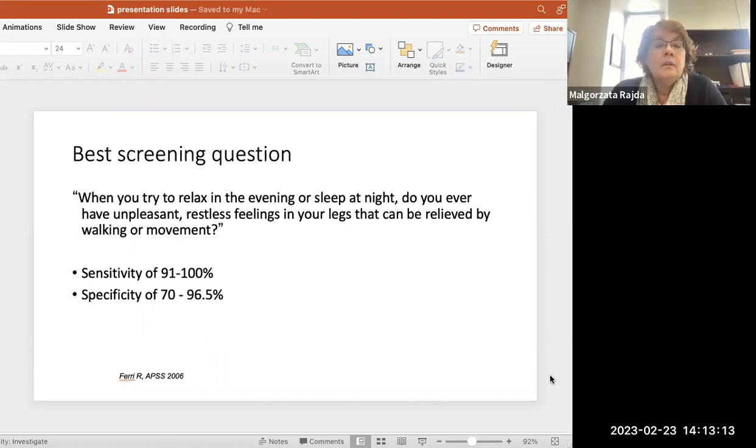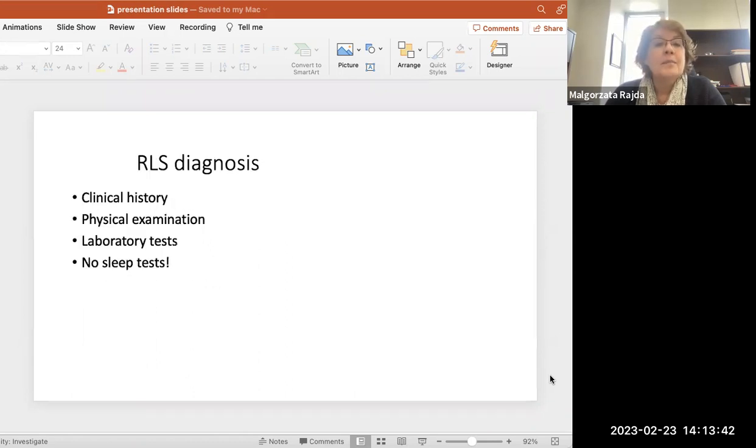And here is a really good screening question that has been shown to have a sensitivity of almost 100% and pretty high specificity. When you relax in the evening or sleep at night, do you ever have an unpleasant, restless feeling in your legs that can be relieved by walking or movement? So if the patient says yes, then it's pretty much guaranteed that they have restless legs.